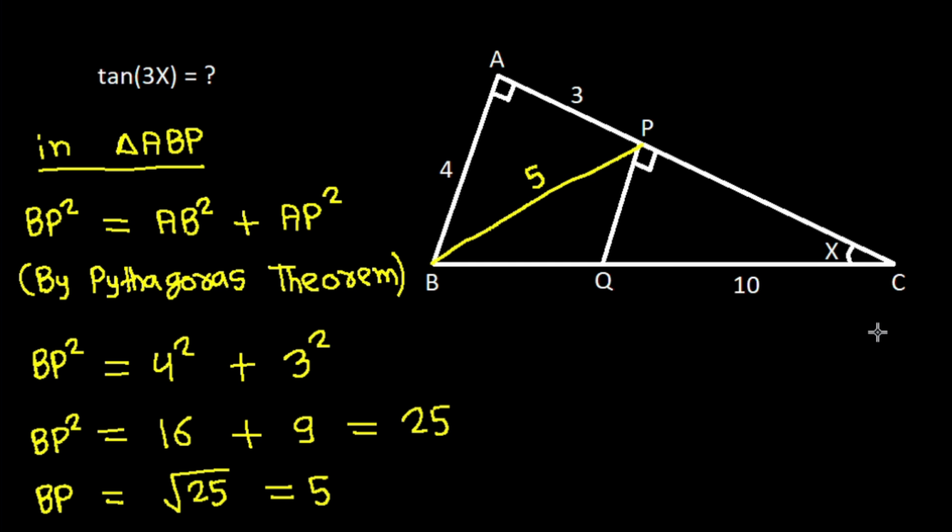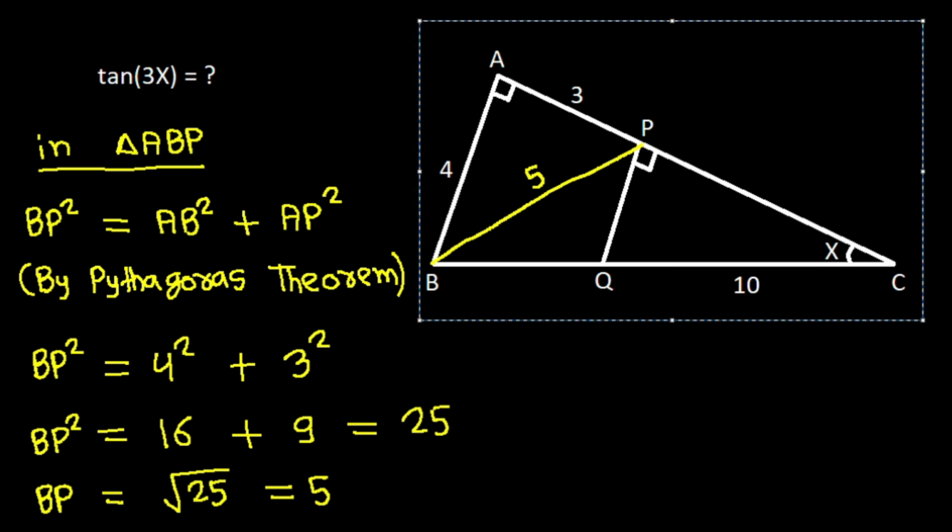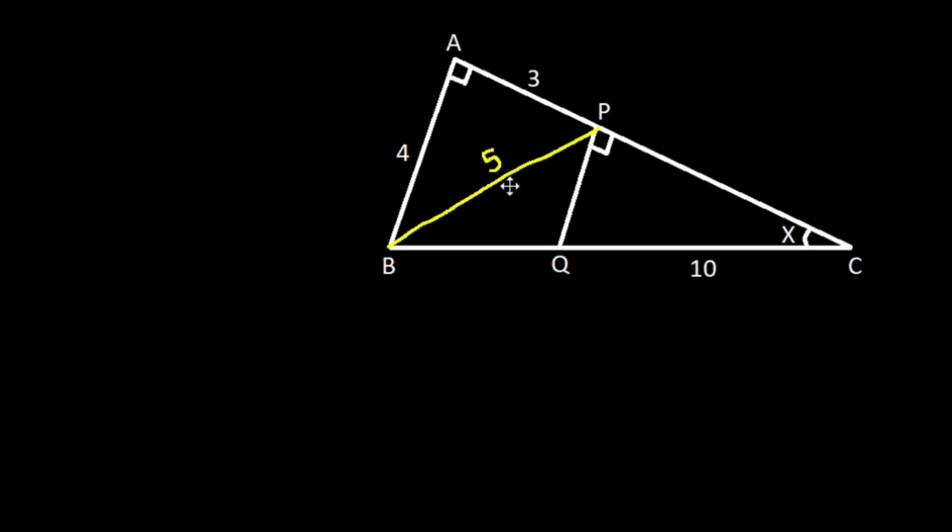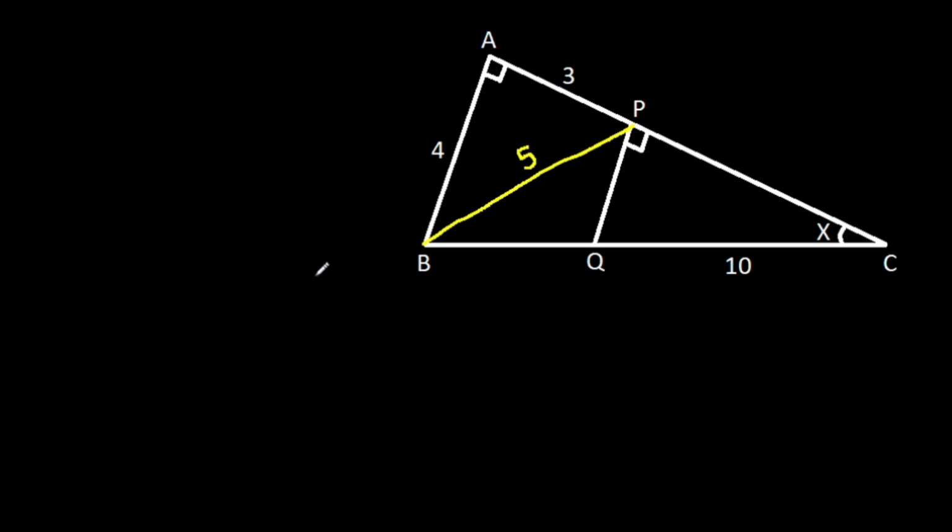Now we have CQ is 10, and suppose M is the midpoint of CQ such that CM is equal to QM.